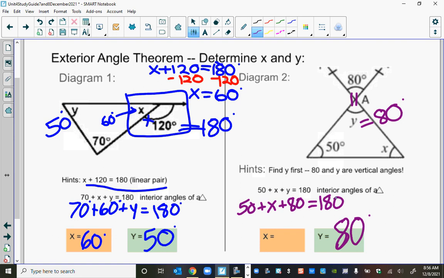So you can tell us what the x value will be. It's going to be 50 plus x plus 80 equals 180.